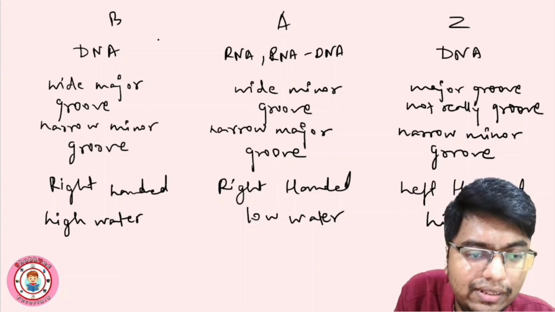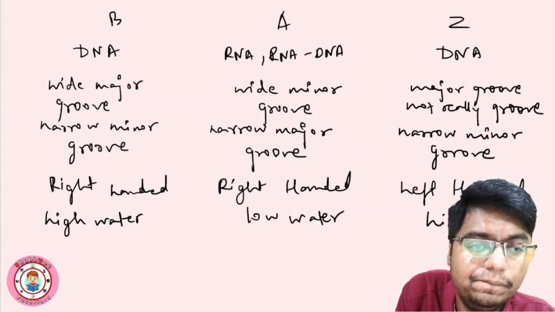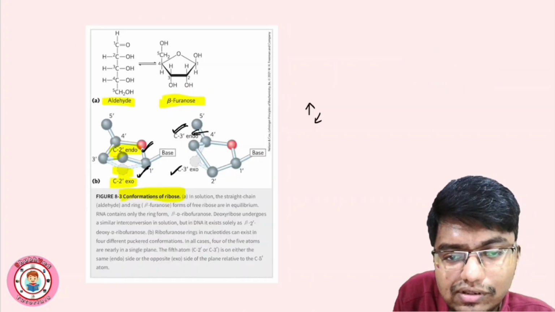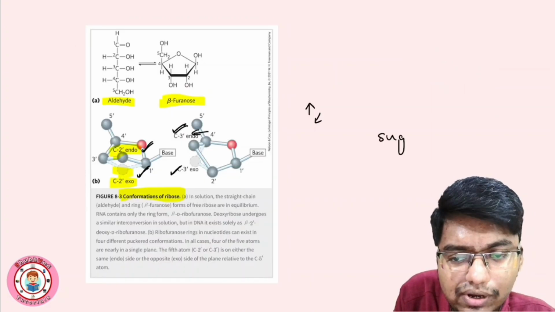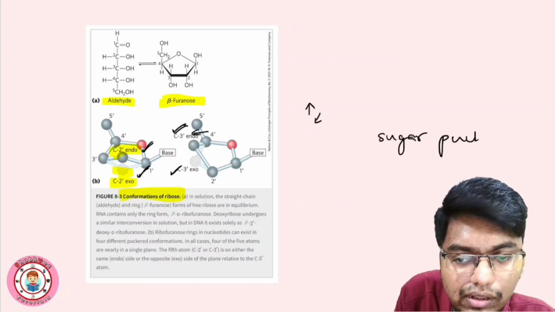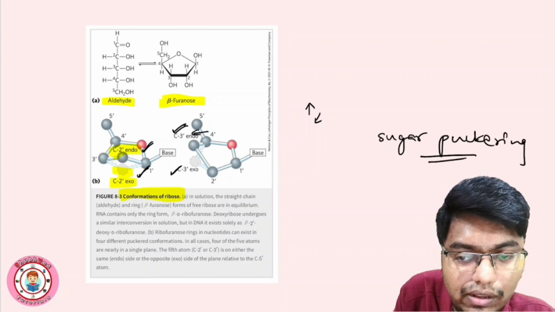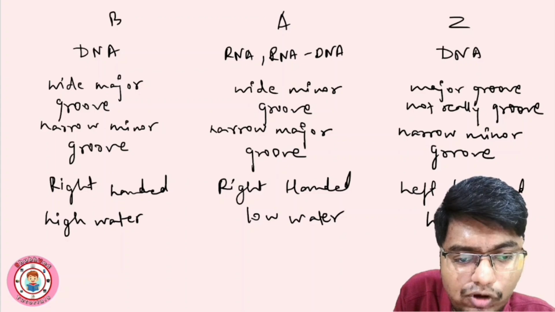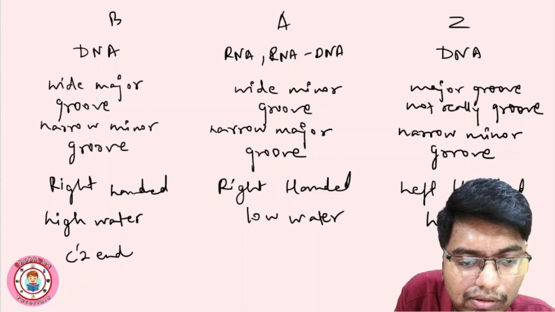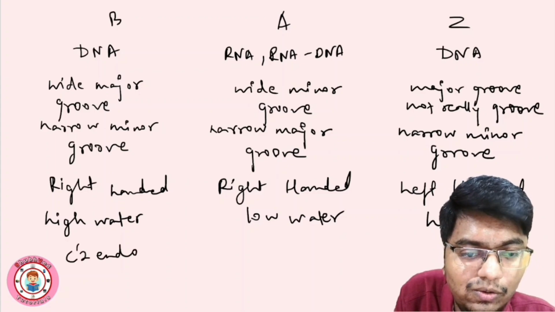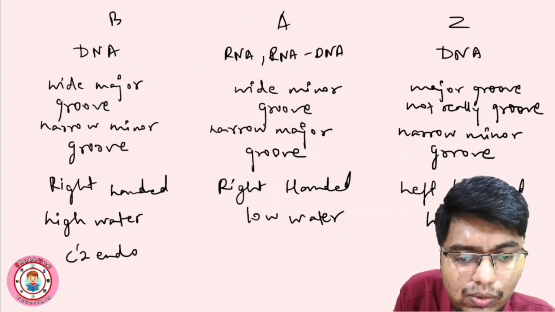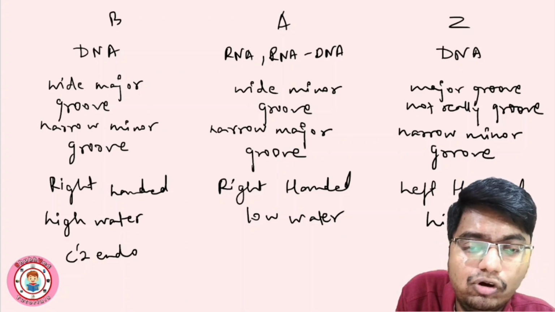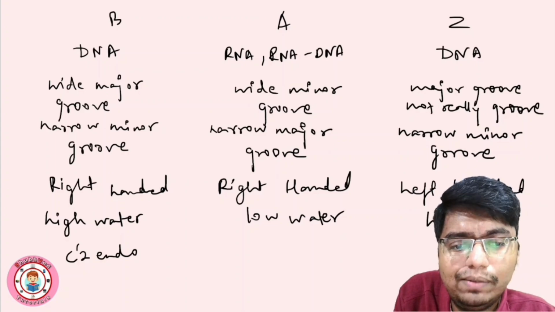About sugar puckering: we saw the conformations, and this is sugar puckering. In B form it is C2 endo. Now RNA has a 2' OH, so C2 endo cannot form because of the 2' OH.